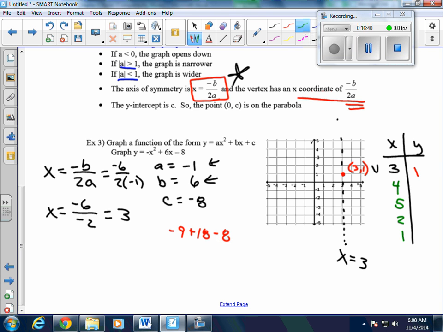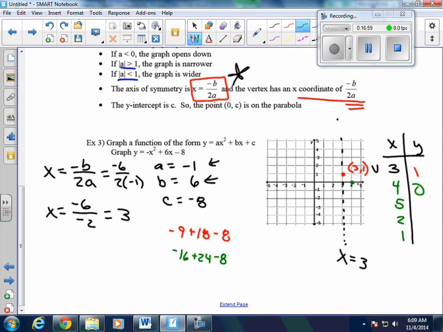So if we put in 4, that's going to give us negative 16 plus 24 minus 8, which is going to give us 0. So 4, 0 is one of my points.